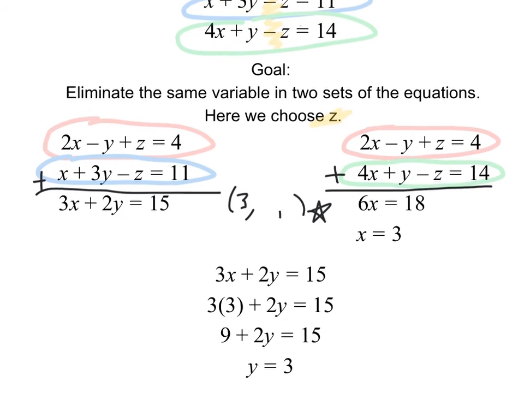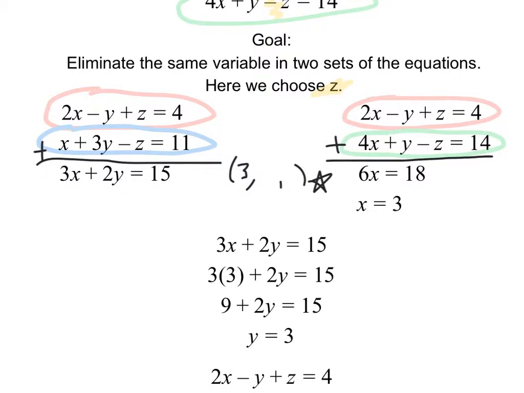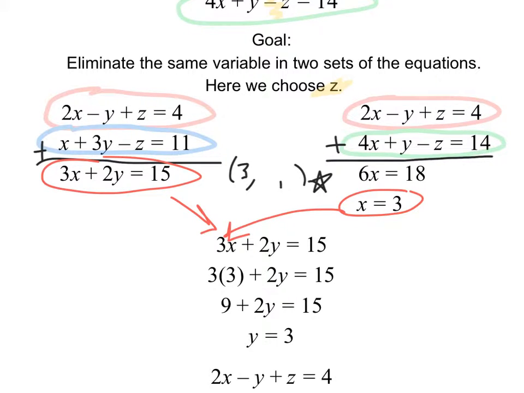After we've done 2 sets of elimination, now would be where, if I needed to, I would do another set of elimination with my 2 equations that I got. But since I already have x equals 3, what I can do is substitute the x equals 3 in for x in my other equation that I got. And when I do that, there's all this work, and I get that y also is 3.